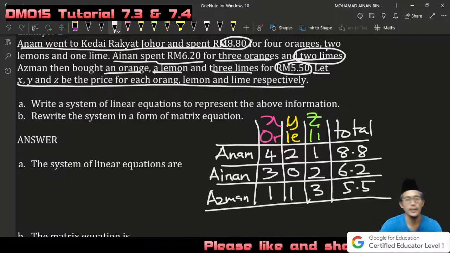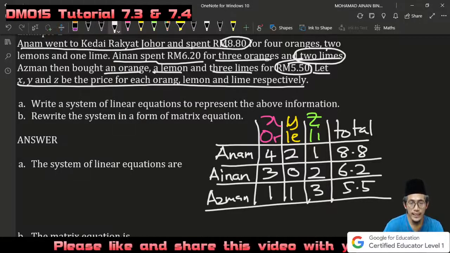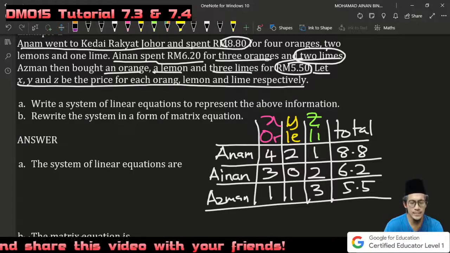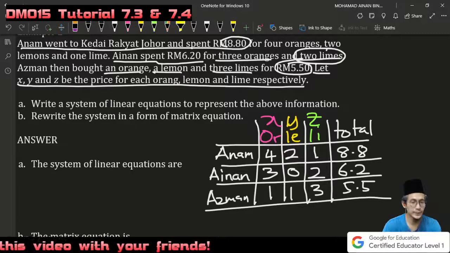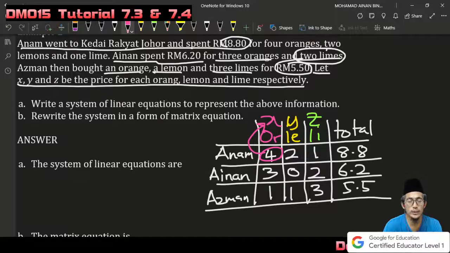Okay, now from here, we can write the system of linear equations. How do we write it? Easy. Just take this number, multiply with this, and then sum everything to the total.